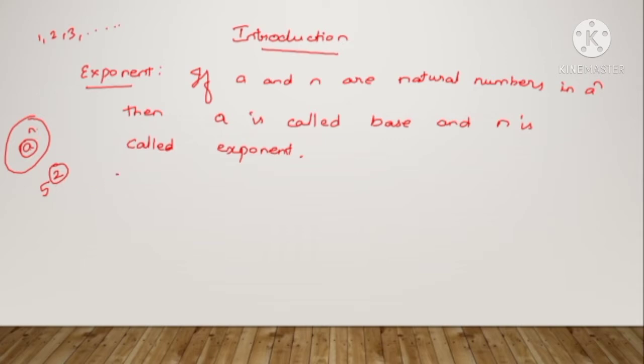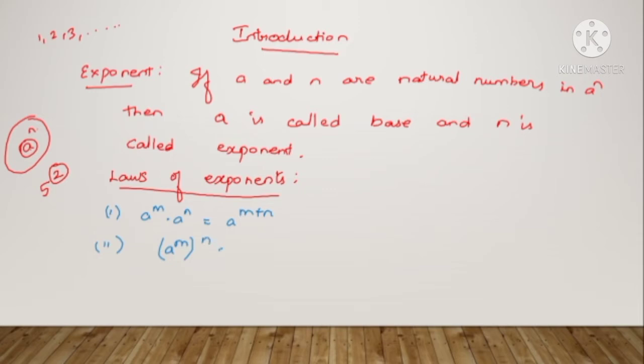So next we are going to see about the laws of exponents. There are 4 laws of exponent. The first law is a power m into a power n equal to a power m plus n. The second law, a power m the whole power n equal to a power mn.